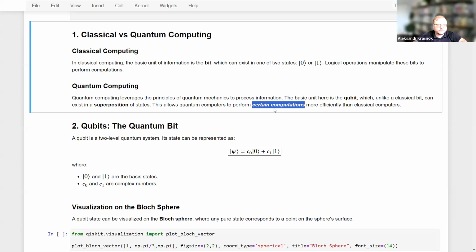Even when we have a powerful enough quantum computer for some particular problems, it doesn't mean that we will watch YouTube using quantum computers. So quantum computers will always be specific machines to do specific tasks.